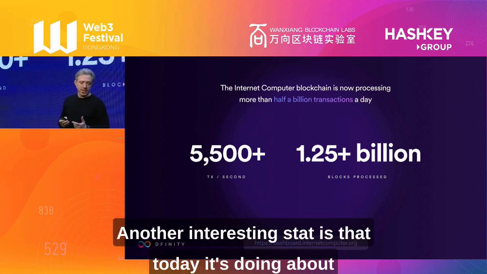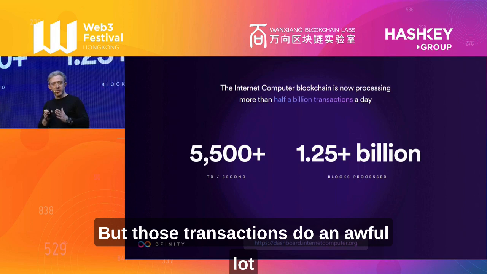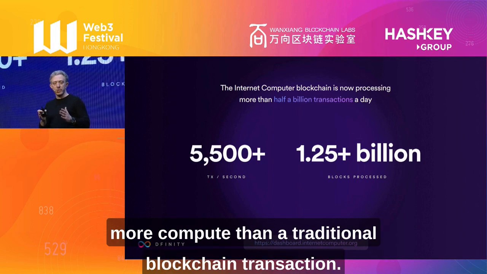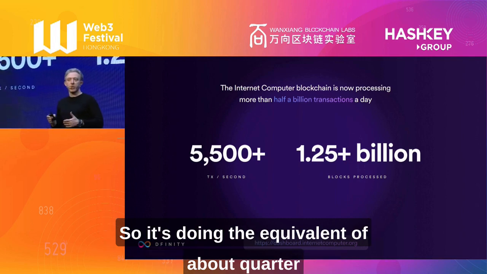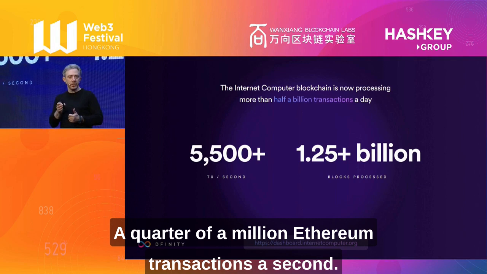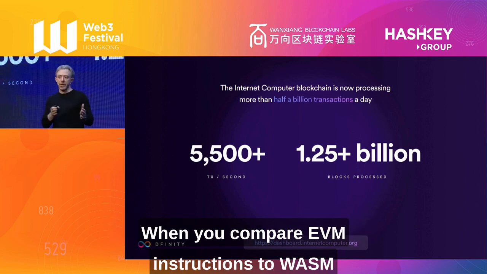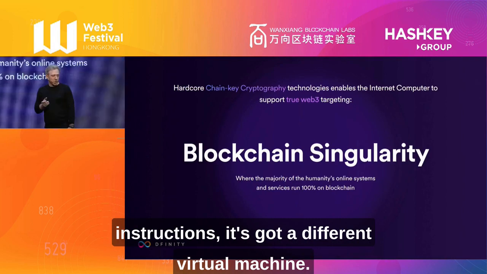Another interesting stat is that today it's doing about 5,500 transactions a second. But those transactions do an awful lot more compute than a traditional blockchain transaction. It's doing the equivalent of about 250,000 Ethereum transactions a second, when you compare EVM instructions to WASM instructions. It's got a different virtual machine.